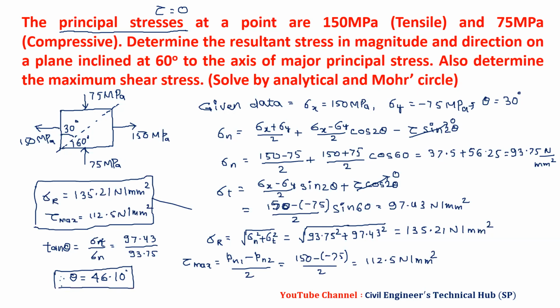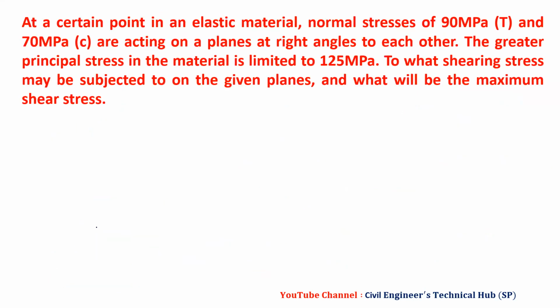This was the first problem. Then we have another problem: at a certain point in an elastic material, the normal stresses are, again, given. So I will plot it. We have given 90 MPa tensile.